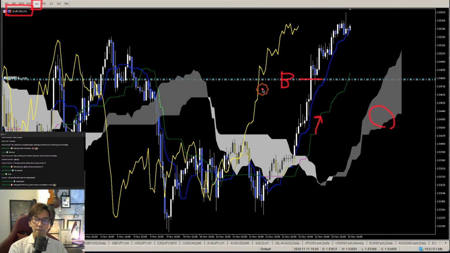Chikou span was well above the candles, and that's why I took a buy over here. Oh, sorry, not this one. Somewhere here, Chikou span was above the candles, and that's why I took a buy here. But this particular trade, I only took it based on the 1 hour chart. But usually, I look at the 4 hour chart or daily charts to capture the trends. So this is a rare case.